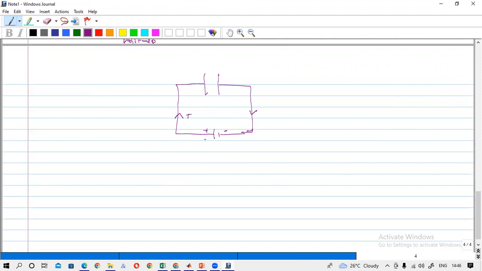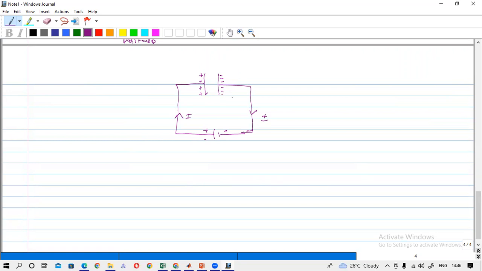Normally current is from plus to minus, no? Due to this current, this plate is induced with plus charges and this plate is induced with minus charges.